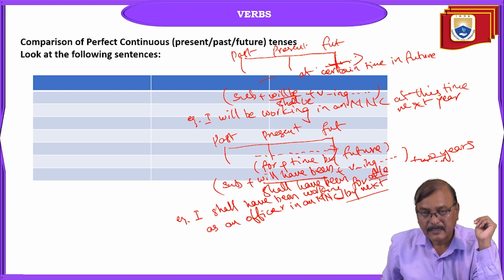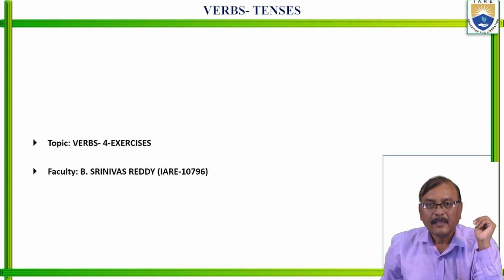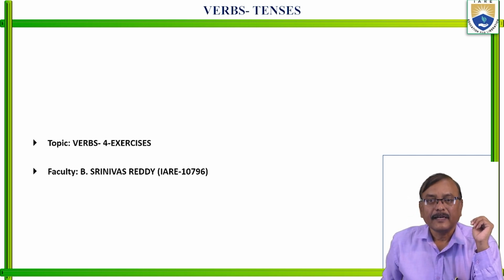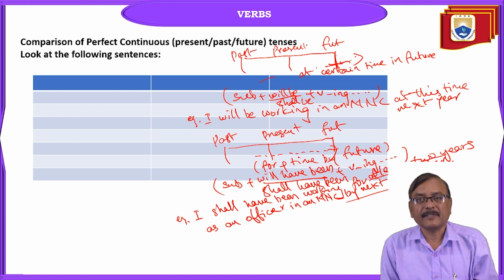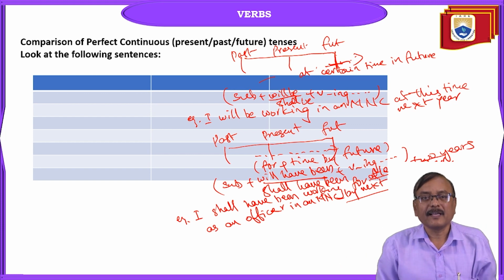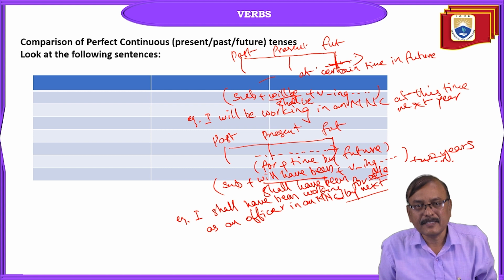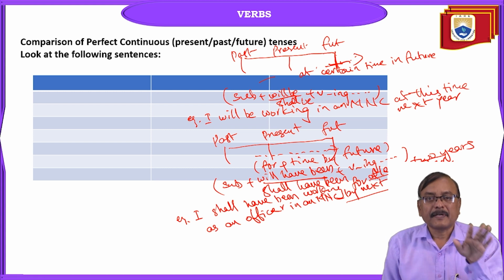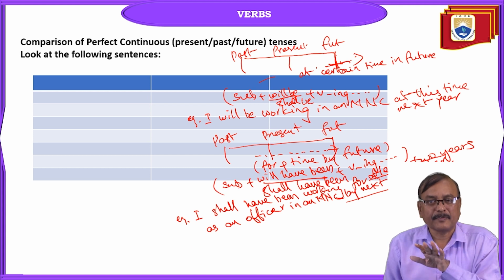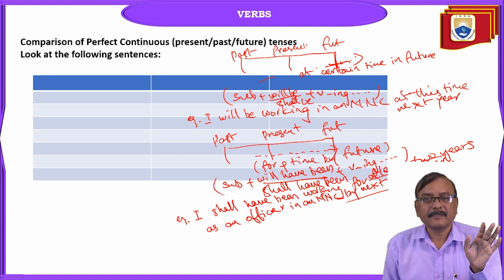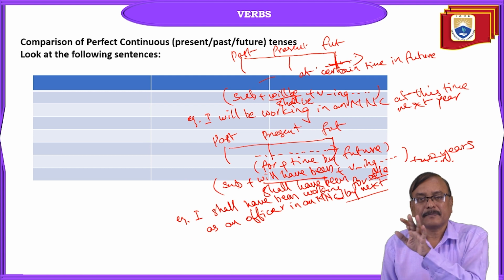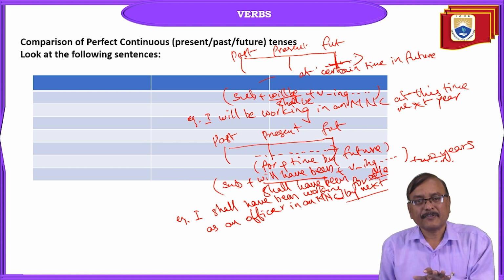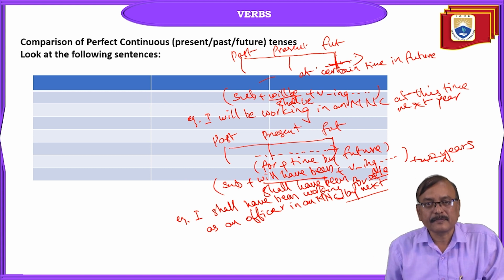Okay, right. Now, we shall move to the next class. Here, we shall stop this one and have a look at all 12 tenses. That is simple present tense, simple past, simple future, present perfect, past perfect, future perfect, present continuous, past continuous, future continuous, present perfect continuous, past perfect continuous, future perfect continuous.